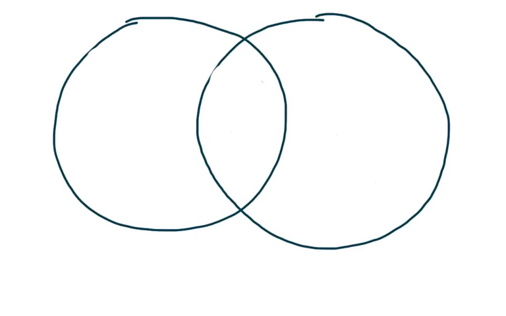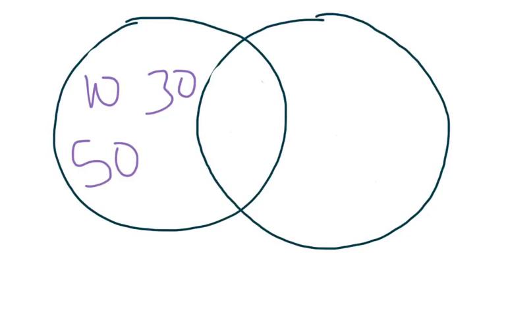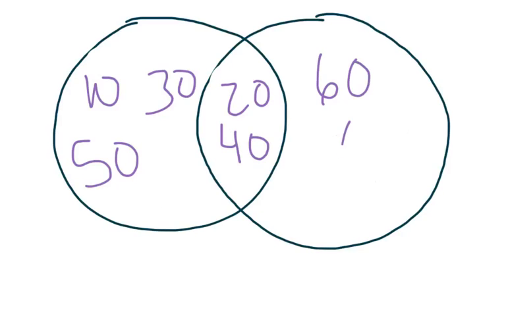Another way of doing it would be done by using a Venn diagram. So the numbers would be 10, 30, and 50. In the middle would be 20 and 40. And the other side would be 60, 80, and 100.